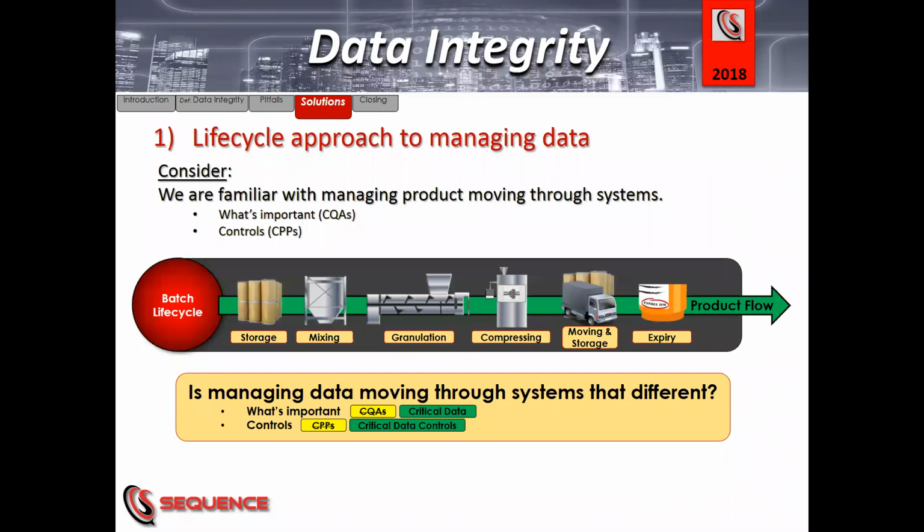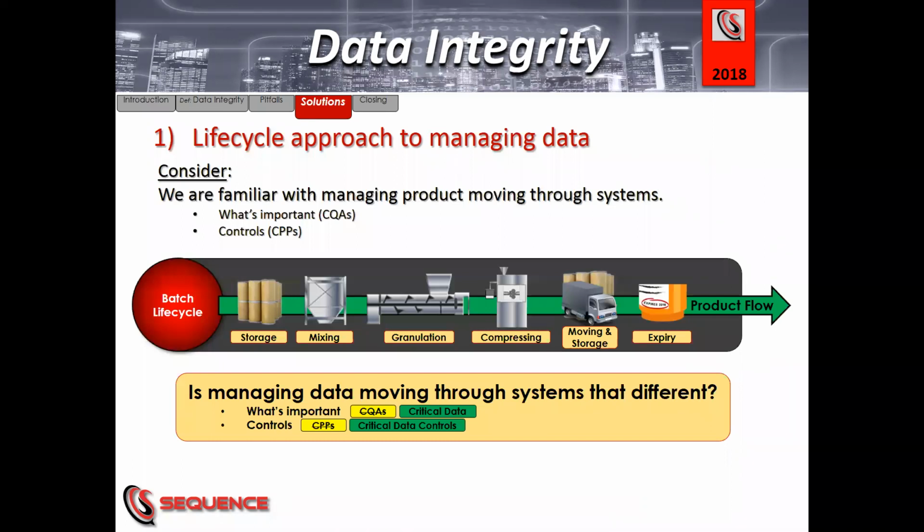So let's consider a life cycle we're very familiar with, the product life cycle at the batch level. We're familiar with managing product moving through systems in manufacturing drug products, and there's a similar example in the labs. The product moves from machine to machine being processed. We have attributes defined as critical and non-critical.